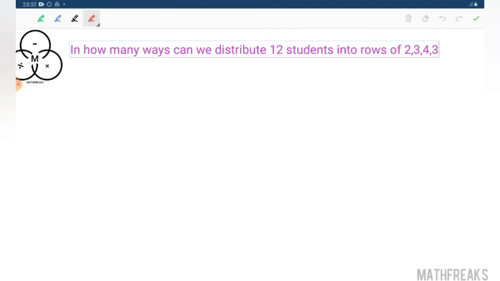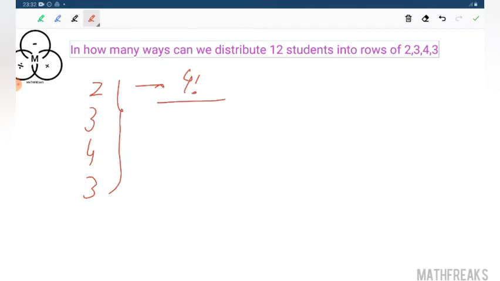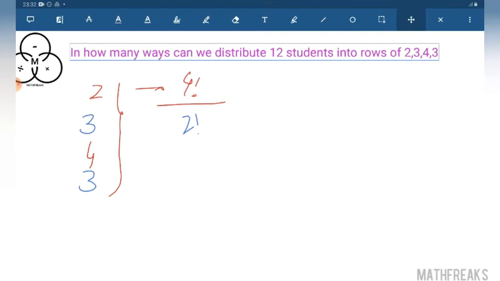Suppose the rows are 2, 3, 4, 3. They can be arranged in 4 factorial over 2 factorial ways, since there are repeated items, 3 and 3. This is the number of arrangements of the rows.